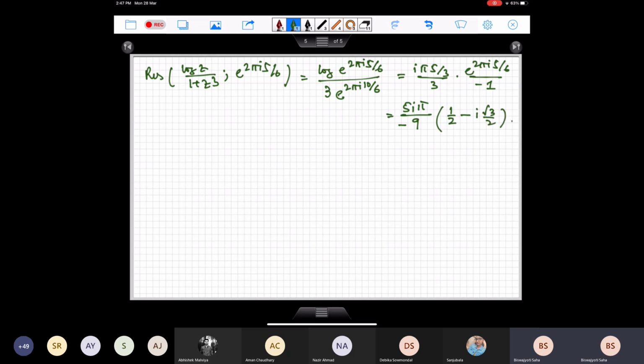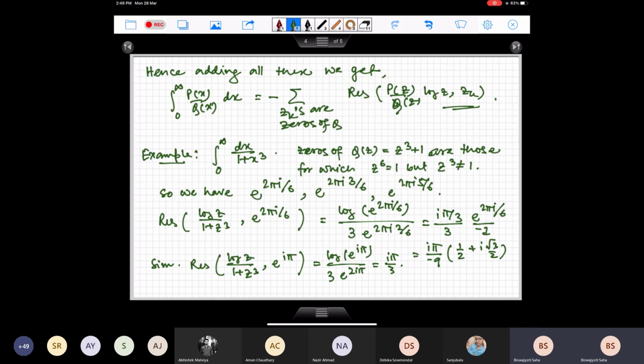So that's the quantity I get. So hence I need to take the sum of the residues with a minus. So integral 0 to infinity dx upon 1 plus x cubed is equal to minus, I need to sum all the residues.